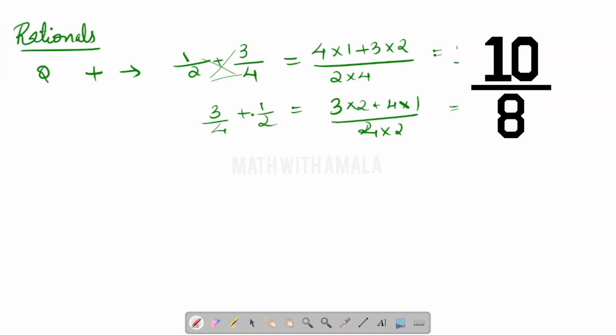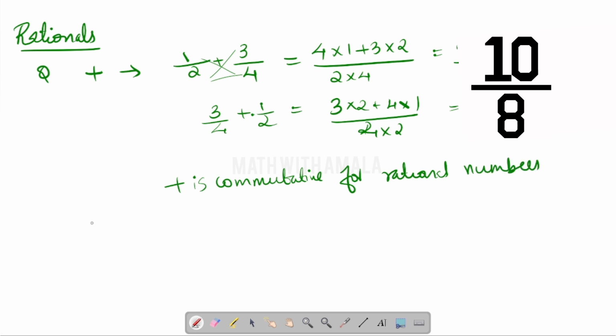Here the answer we get is 10 by 8. If we take 3 by 4 plus 1 by 2, there also you will get 10 by 8. So addition is commutative for rationals, or you can say rationals are commutative under addition.